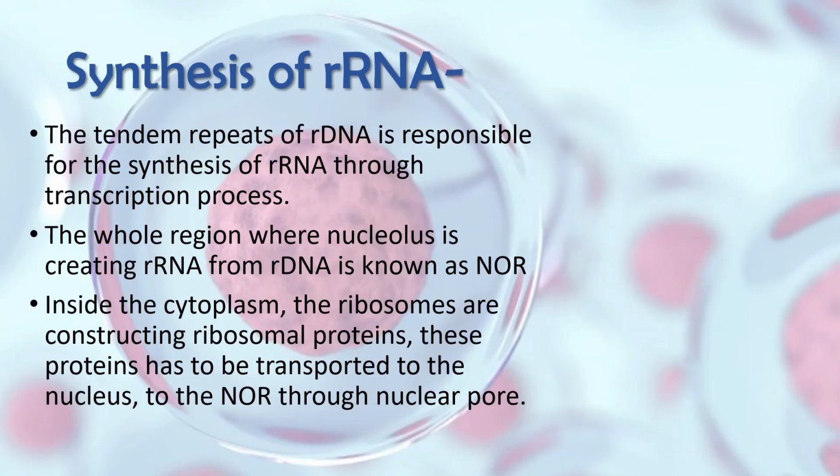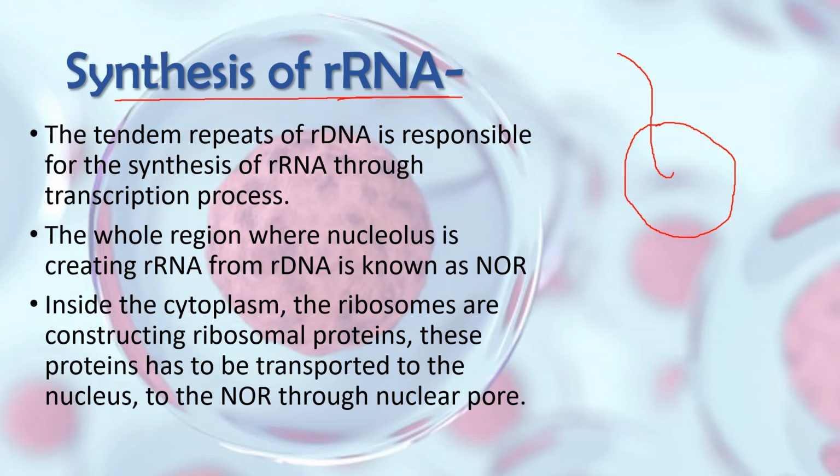Next, the synthesis of ribosomal rRNA. How does the synthesis of ribosomal rRNA from rDNA take place? We know transcription means formation of RNA from DNA. So here the transcription process takes place, where rDNA is responsible for the formation of ribosomal rRNA. Suppose this is our nucleolus, and this is the DNA strand.